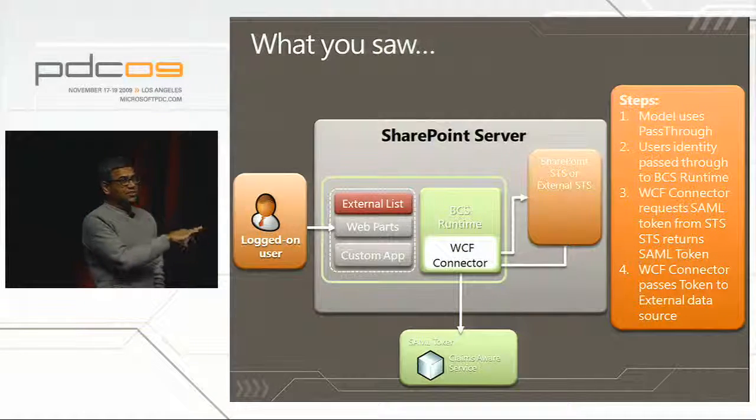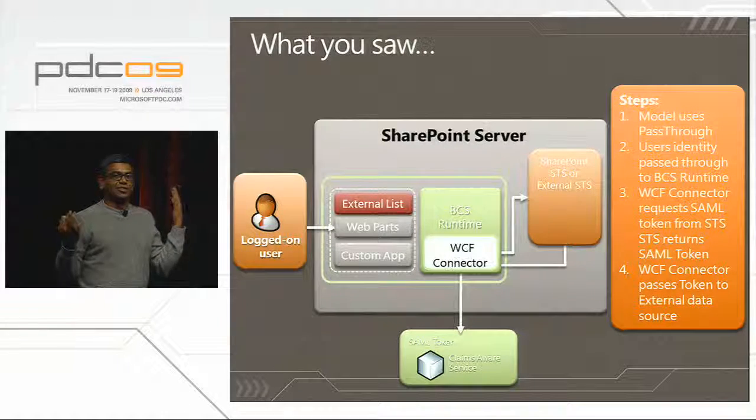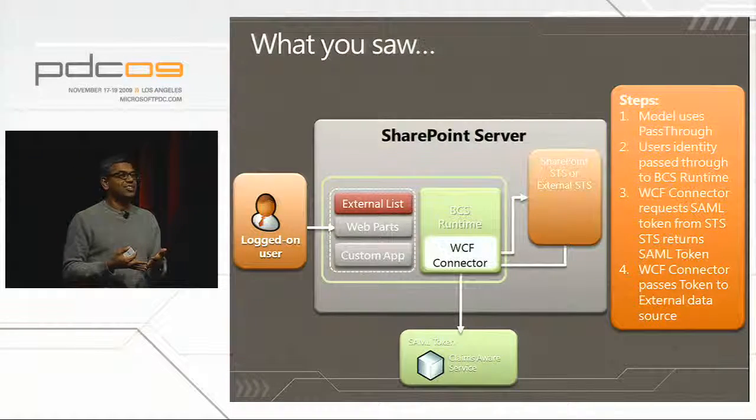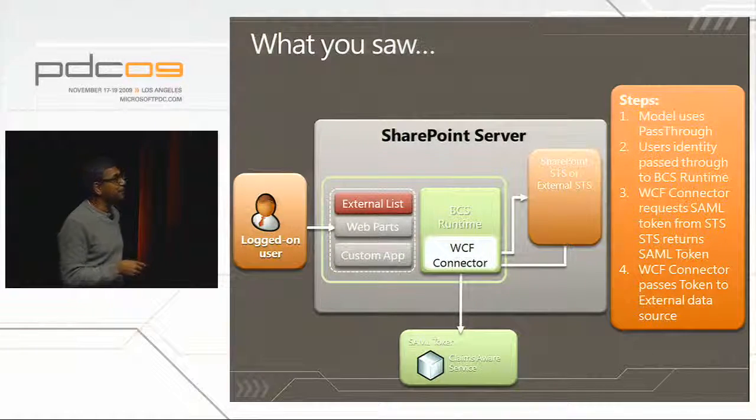So the new secure store service, the SSS, as it's called, is completely claims aware, and it can use Windows, it can use Forms, it can use SAML, so you can store secrets for people who are not even inside your enterprise. So it's completely restructured that way.